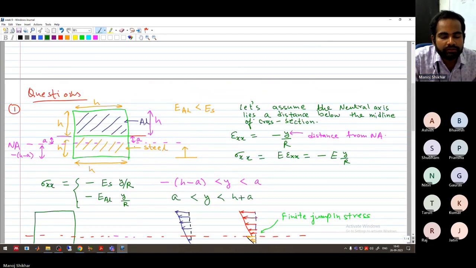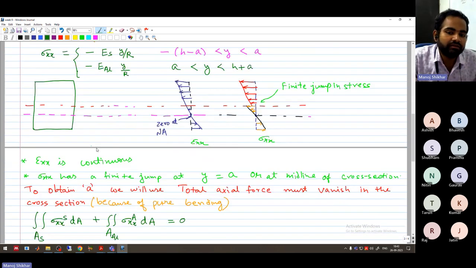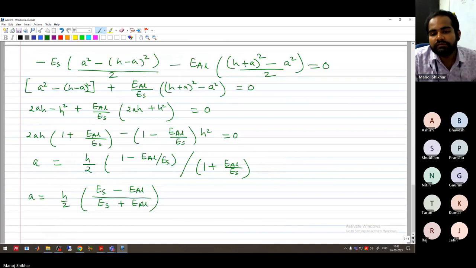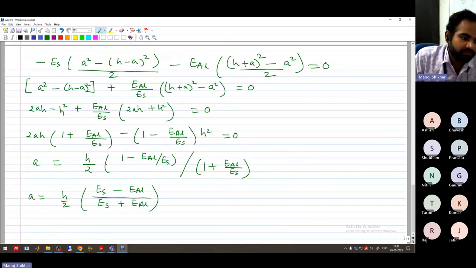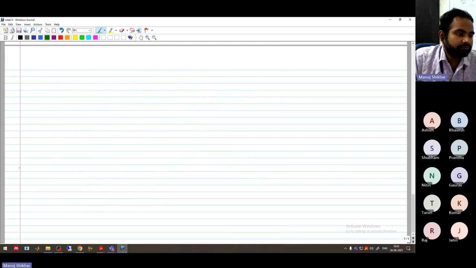So while solving these problems, we should be attentive about these things because they generally give us the idea of what kind of material is being used. If the neutral axis is below or up, that is necessary to understand.